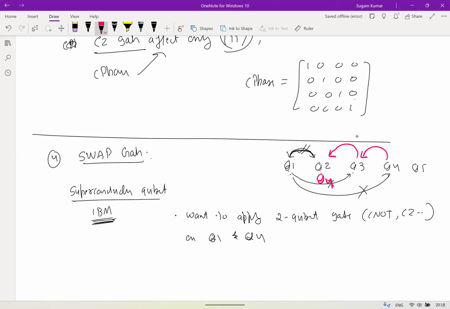When I swap, Q3 will go here and Q4 will come here. In the next step, Q2 will go here and Q4 will come here. Now you have these 2 qubits physically adjacent. This is called swapping, and it can be done by a gate called the swap gate. Understood the meaning of the swap gate?